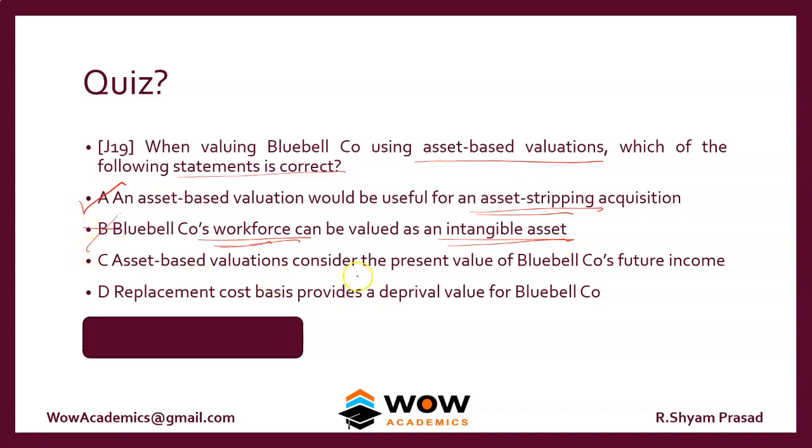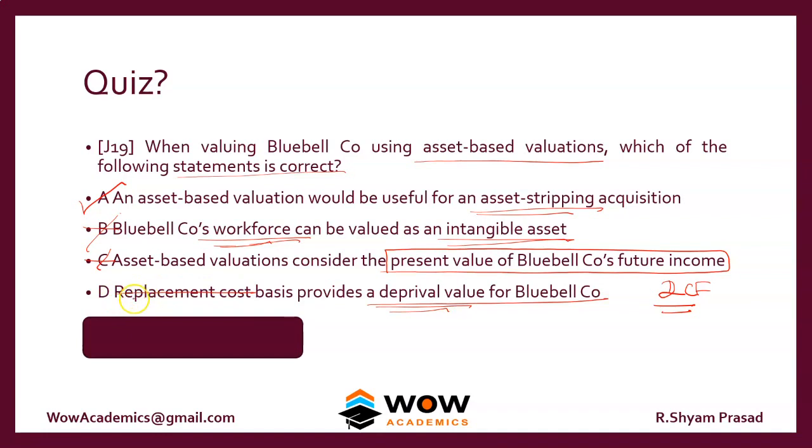Asset-based valuation considers the present value of Bluebell's future income. This is not the right method. That method is called DCF, discounted cash flow method. So C is again wrong. Replacement cost basis provides a deprival value for Bluebell Co. So deprival value means it is the lowest value that can be arrived at.